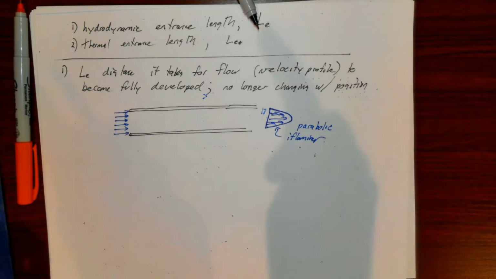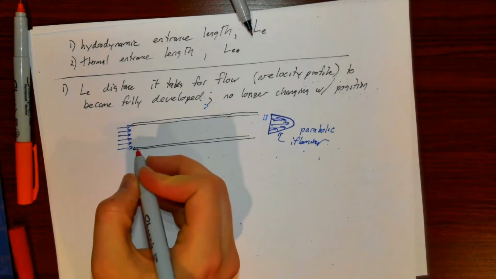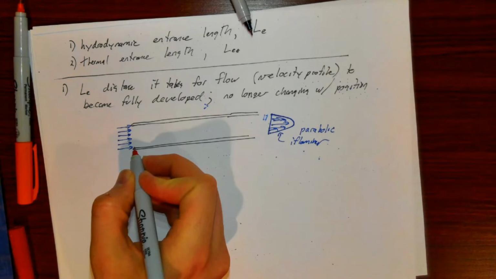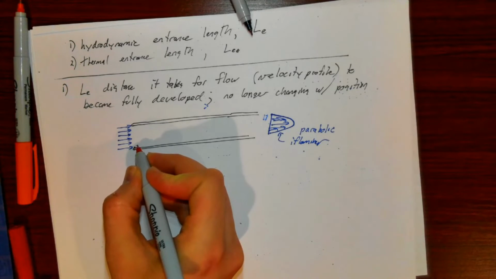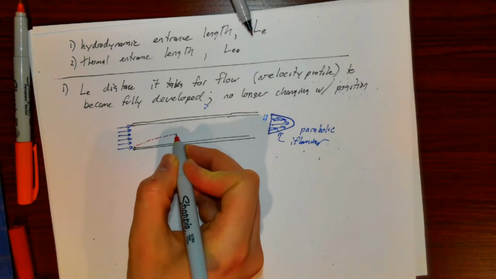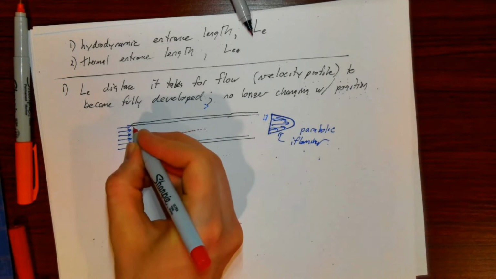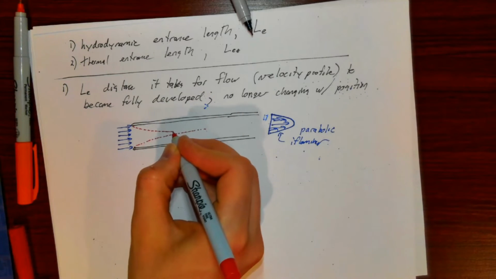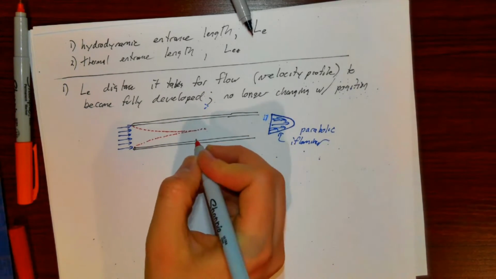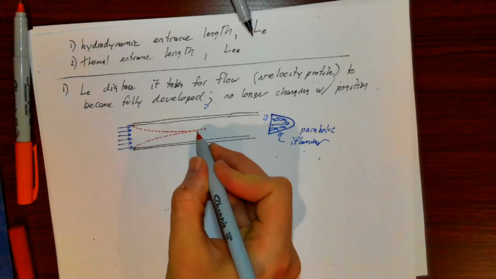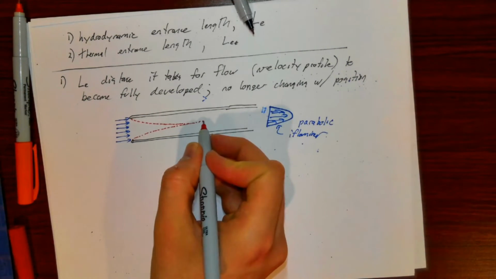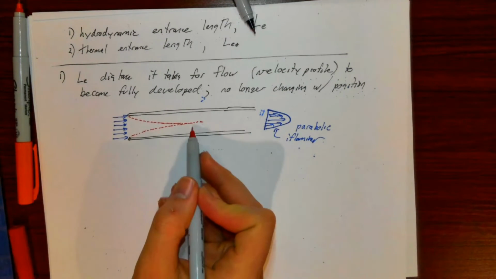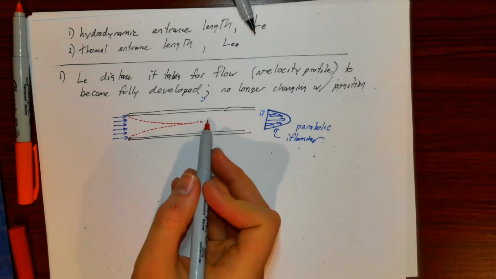The fluid immediately next to the edge stops, and then this effect of the edge creeps towards the center. The slowing down from the walls creeps in from both sides and eventually overlaps, where this edge effect merges, and once it merges, essentially the flow becomes fully developed.